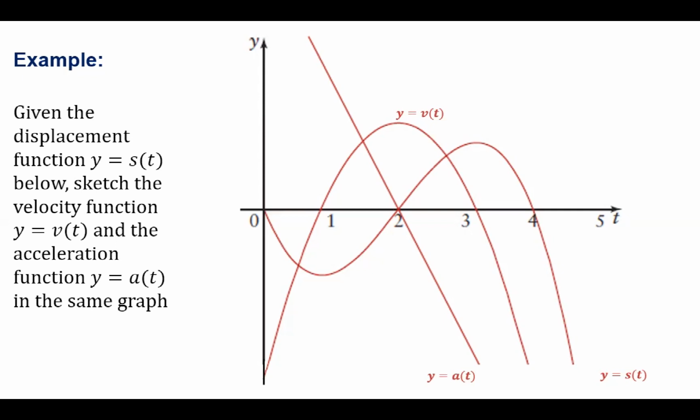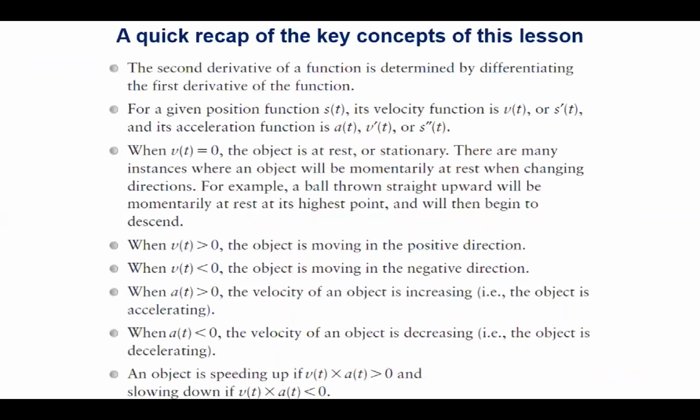All right, if you don't have any questions, let's give it a quick recap of the key concepts of today's lesson. First, the second derivative of a function is determined by differentiating the first derivative of the function.